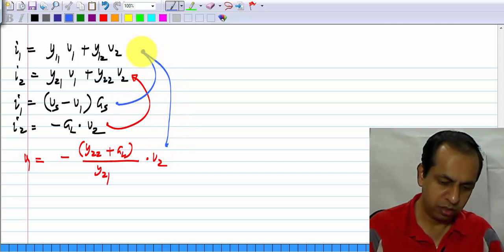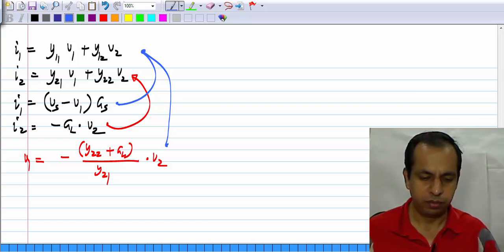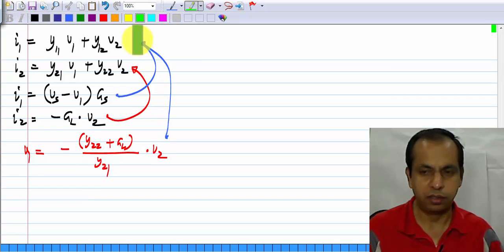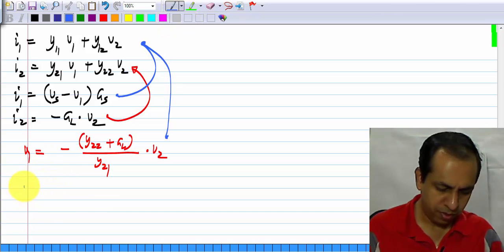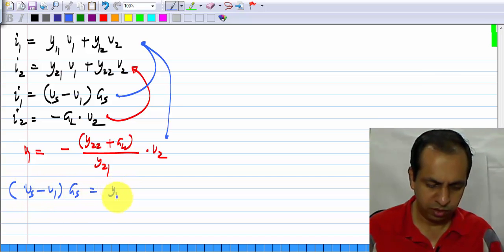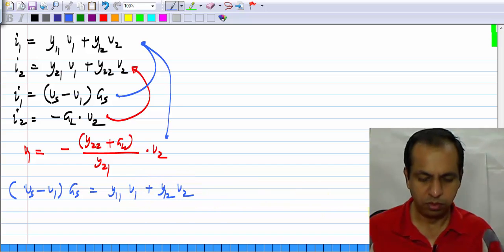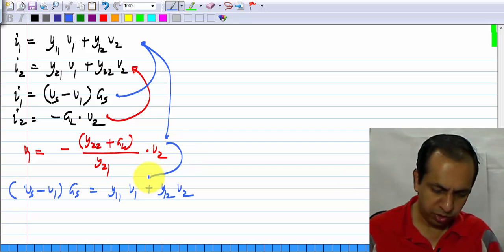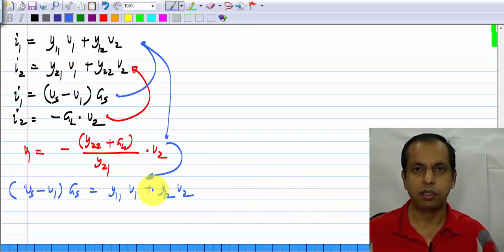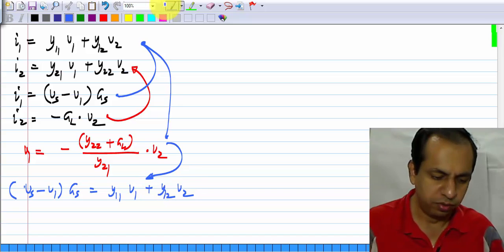Then we can take this one and this one and put it in here. Okay. So, when we substitute this into that, we will get Vs minus V1 times Gs equals Y11 V1 plus Y12 V2, and we can substitute this one into this to completely eliminate V1.